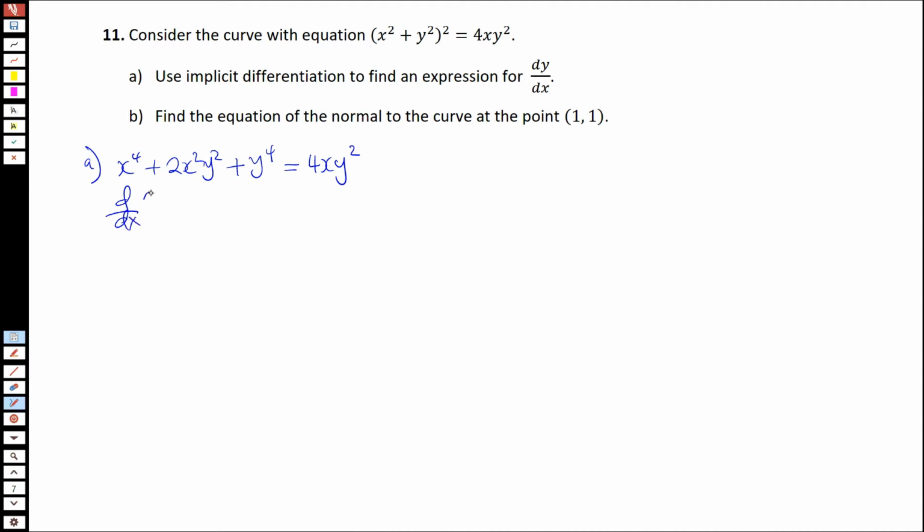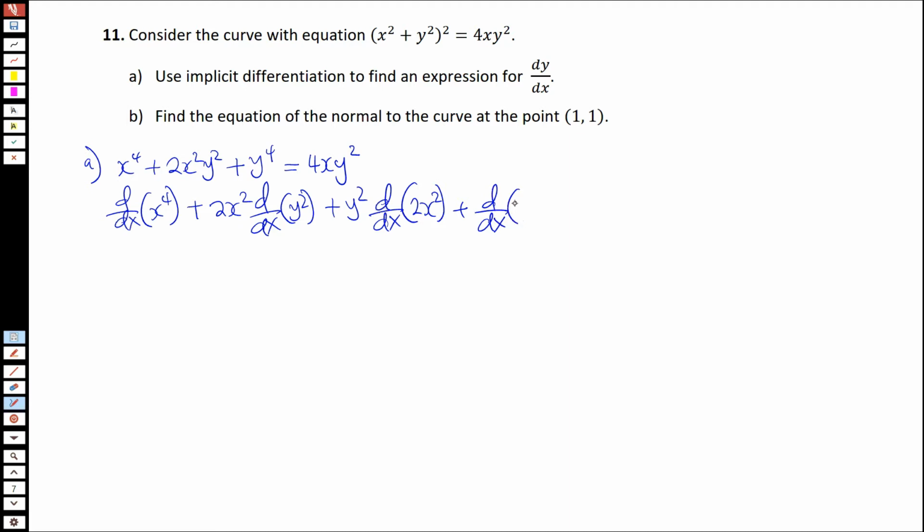So the derivative of x to the power 4 plus, now we can differentiate 2x squared y squared using product rule. So that will be 2x squared multiplied by the derivative of y squared plus y squared multiplied by the derivative of 2x squared, plus the derivative of y to the power 4, will be equal to, again for this we have to use product rule.